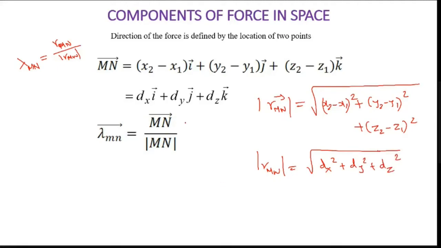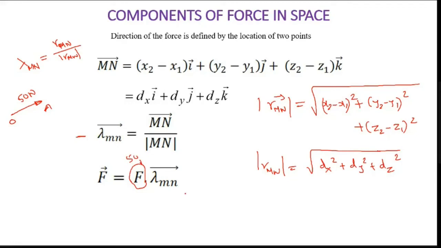Okay. So once I get my modulus, divide with respect to the modulus, and you will get the unit vector, right? After you get the unit vector, multiply with the magnitude of the force. For example, if I say this force O to A is 50 Newton, multiply this 50 here.